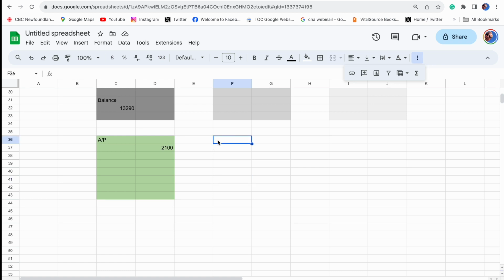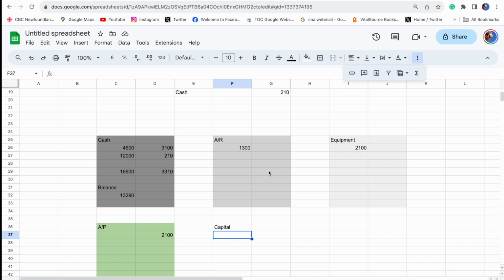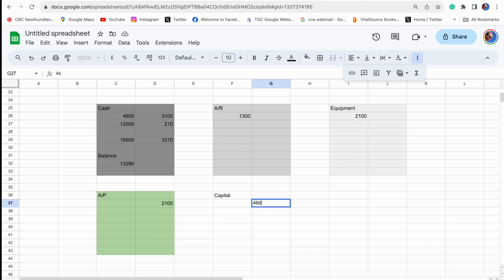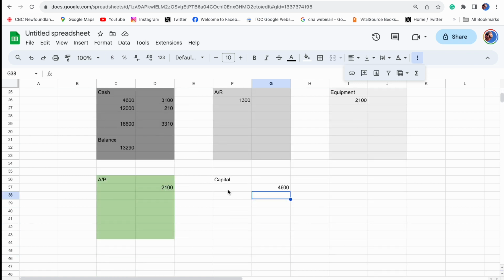Our next account would have been the capital account. Let's see what happened to our capital account. Well, in this particular case, $4,600 credit in the first instance. And the capital account was affected again by $210 on July 31st. So what would be the balance in our account?